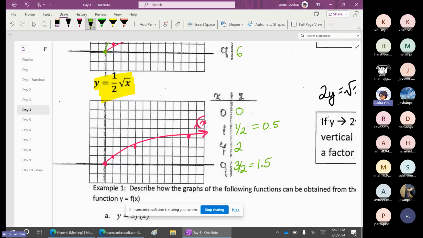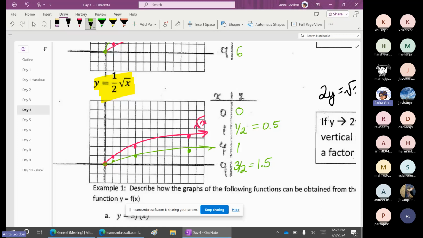Right? And so again, let's graph our compression. 0, 0, 1, 0.5. Oh, did I make a mistake somewhere? Ah, yes, thank you. X is 4 gives me square root 2, but then I divide it by 2, gives me 1. Yes, thank you. All right, and then 9 would be 1.5, so somewhere here.